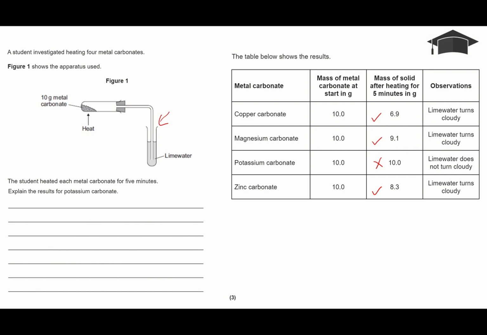So there you go, more gas escapes there, less here, and somewhere in between there. Now the test proved that lime water turns cloudy. We know it's carbon dioxide. Positive test, negative test, positive test. So explain the results for potassium carbonate.